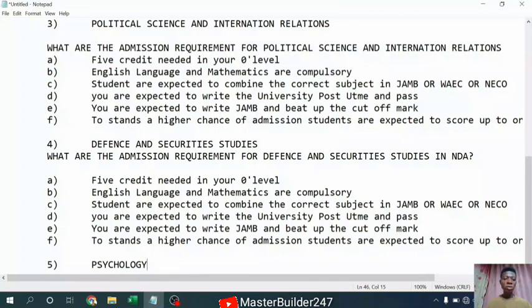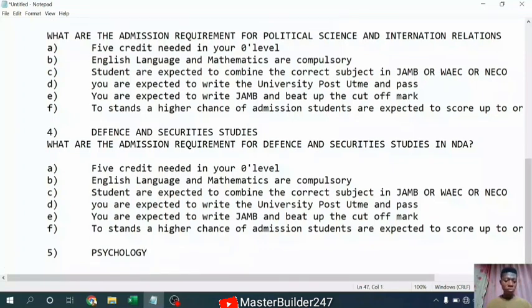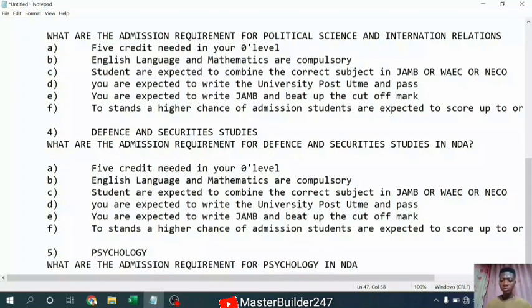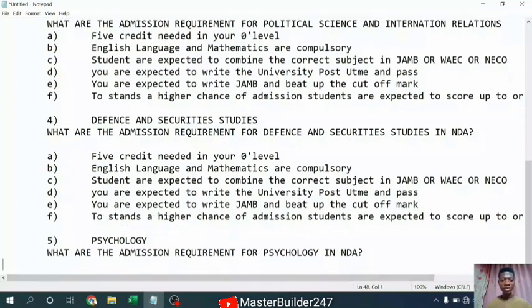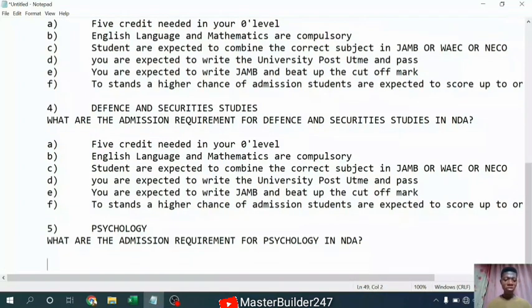And what are the admission requirements for psychology in NDA? Okay, almost the same thing. So what I will just do, I will just copy it and paste the requirement here instead of typing again. Okay, so I'm just going to paste here.